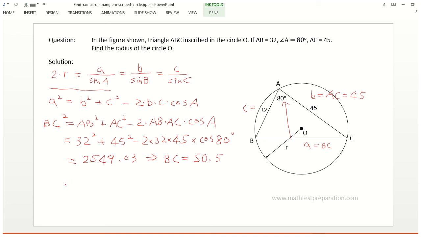Now we get R, the radius of the circle, equals to a, which is BC, divided by 2 times sine A. So BC is 50.5 divided by 2 times sine 80 degrees.